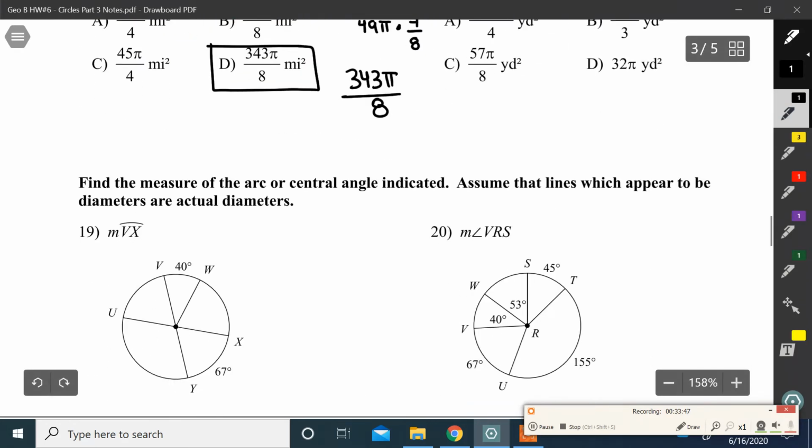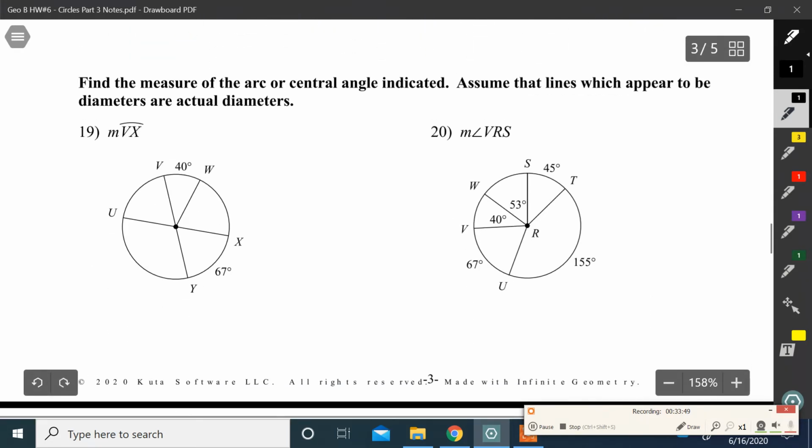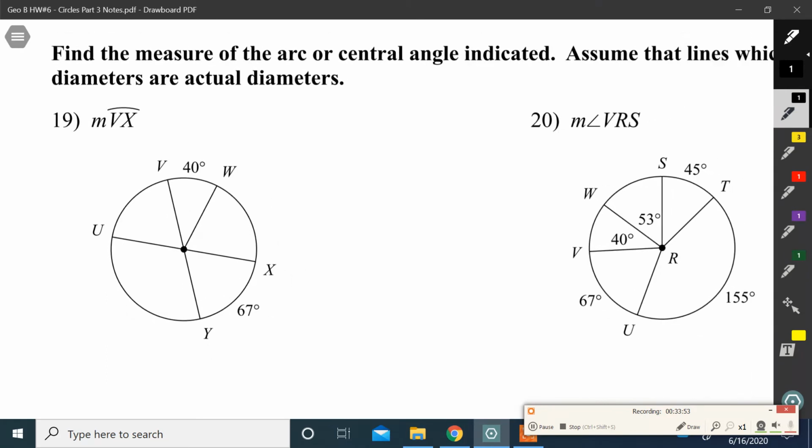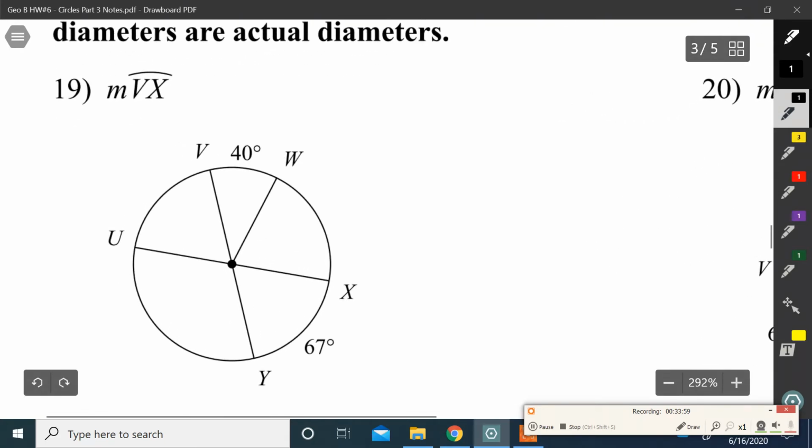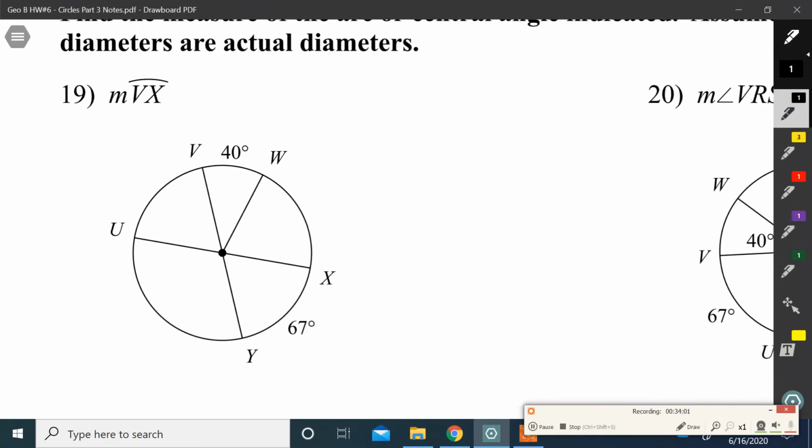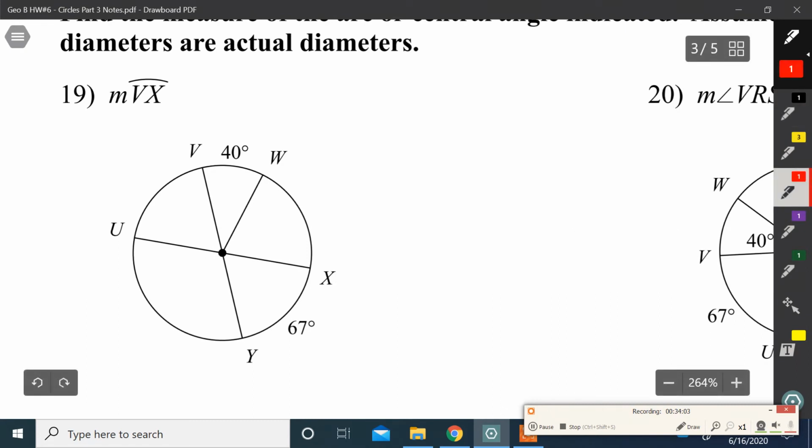All right, let's move on. All right, so let's take a look at this one here. This one should be easy, guys. We need to look for from here all the way to there.